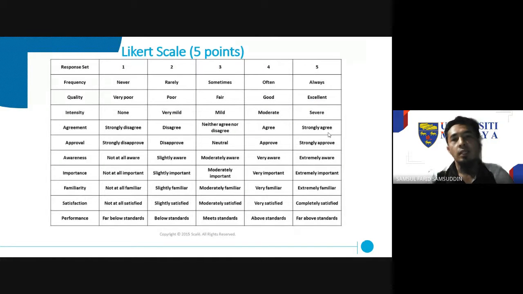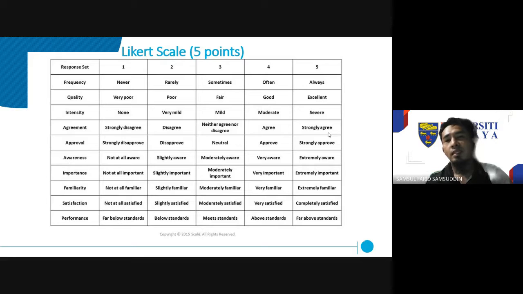All right, this one types of 5-point Likert scale. So as you usually see or are familiar with in your readings on previous literature, maybe you will see this 5-point Likert scale, but some of the research also use 7-point Likert scale, very few on 3-point Likert scale.